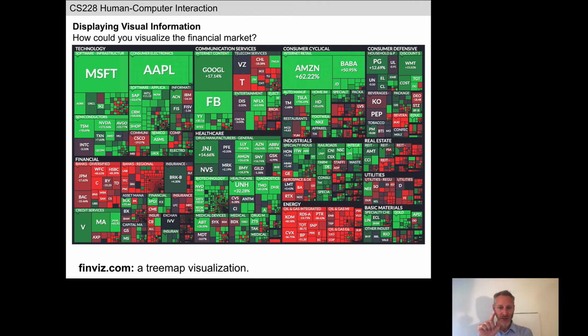So I think I took this screenshot. This was actually for, yeah, right. So it's showing whether the company has been more profitable, as in gained in shares, or lost in shares over a certain time period. And I forget what time period I put into FinViz when I took this snapshot.